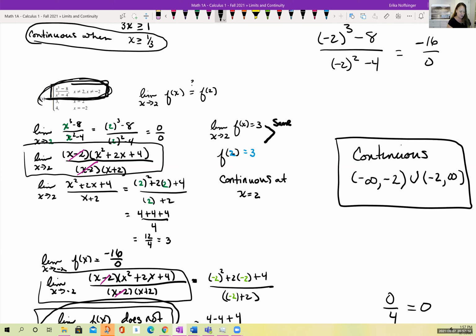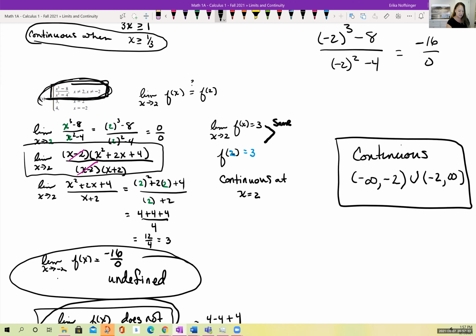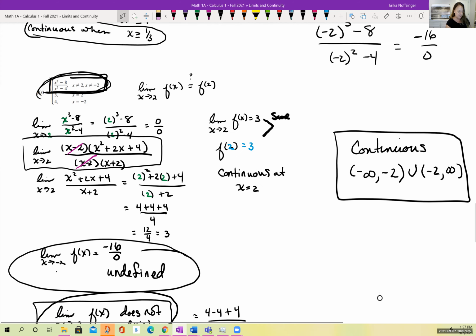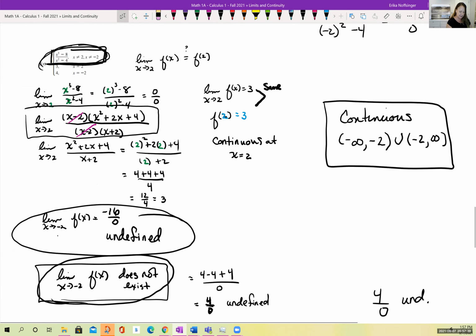We didn't have to go through this method of factoring because that's not an indeterminate form. It is undefined though. And so we can just say that's undefined. And so one of those conditions didn't hold for it to be continuous. So we can say that the limit doesn't exist.